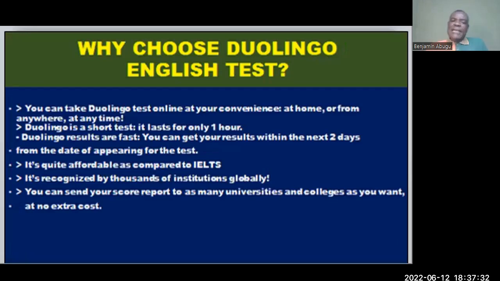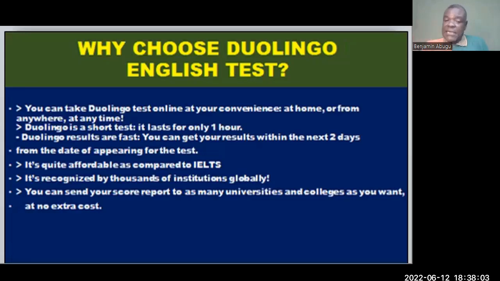Now, another thing is that if you have to go for the IELTS test or the TOEFL, each of them requires you to go to a particular official testing center, but in the case of Duolingo, you can do it right from home because it's an online test. It's a computer-based test that you can do right from the comfort of your home.